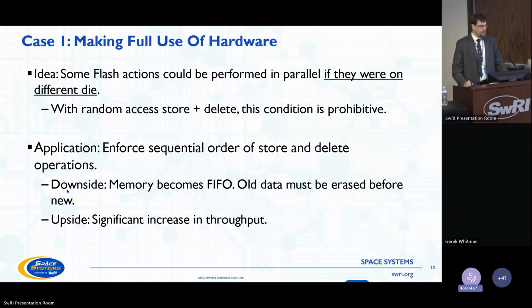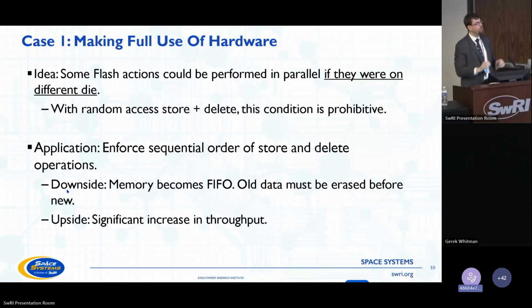And the claim that I would like to make is that if your operations allow random access to that memory, then you cannot meet this if condition. If you are allowed to place data at arbitrary locations in memory, then you can easily arrange a pathological scenario in which any future record operation has to hit pieces of memory that are on the same die. You have completely filled up 7/8 of your memory.